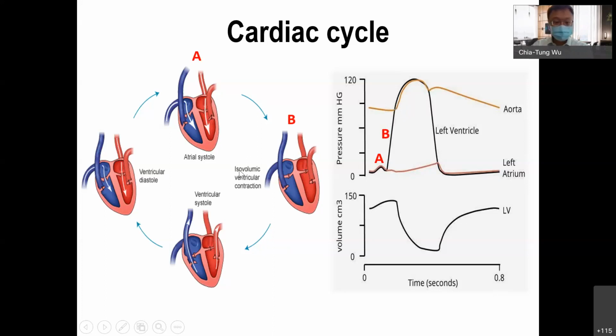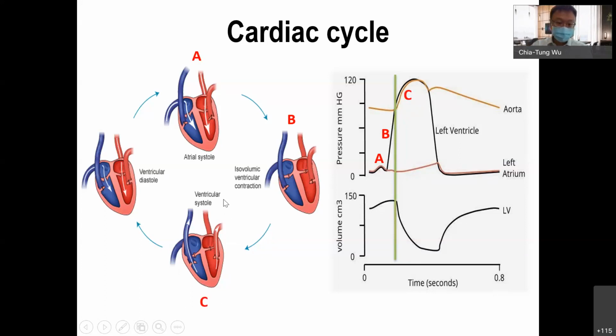We call it isovolumic contraction because the volume inside the ventricle does not change, as the pressure is still below the aorta. At this red line, when the pressure of the left ventricle goes above the pressure in the aorta, the valve will open here. Then the heart pumps out the blood to stage C.